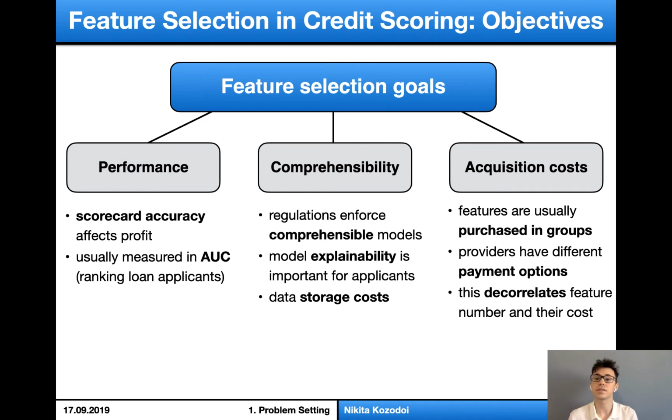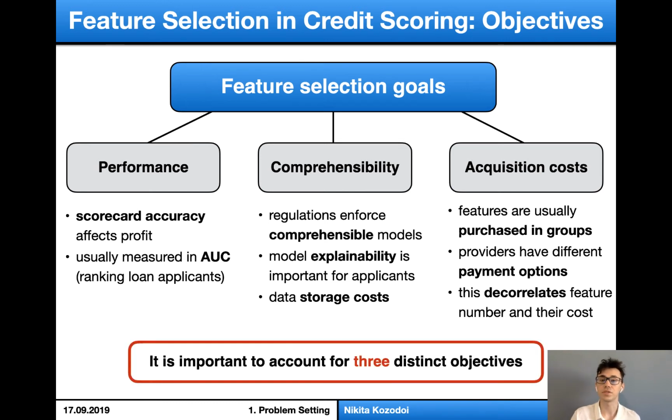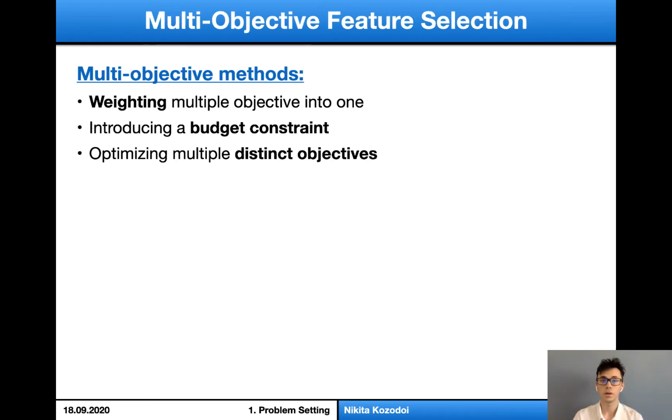Plus, different providers have different payment options. This decorrelates the number of features and the cost of features. And together, this contributes three different objectives that are important to be optimized during the feature selection.